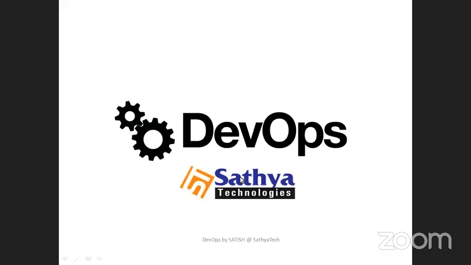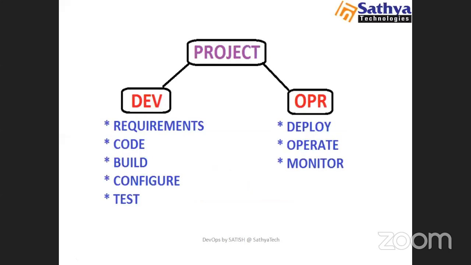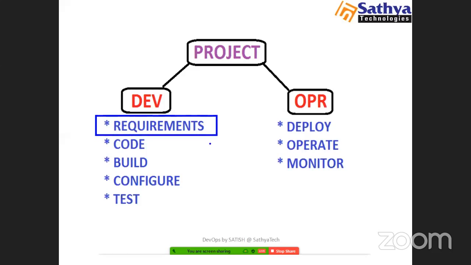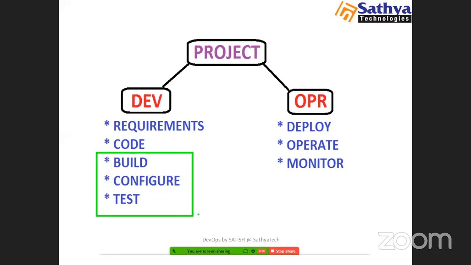So how will you define DevOps? It is a combination of software development and operations. In this development, you will find some phases. If you see this application development, you will get requirement gathering, coding, build, configure, and test.